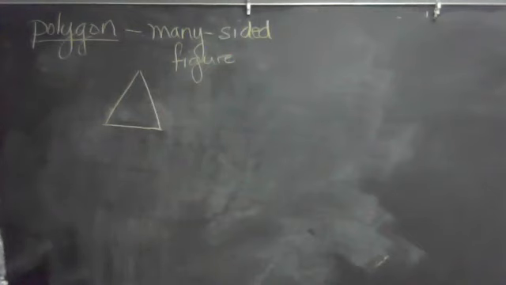Polygon, a many-sided figure. These are reference material. You'll need the formula chart all week, so put it where you can find it. And then get all of these, but do them in order to here, here, here, and then here, okay?